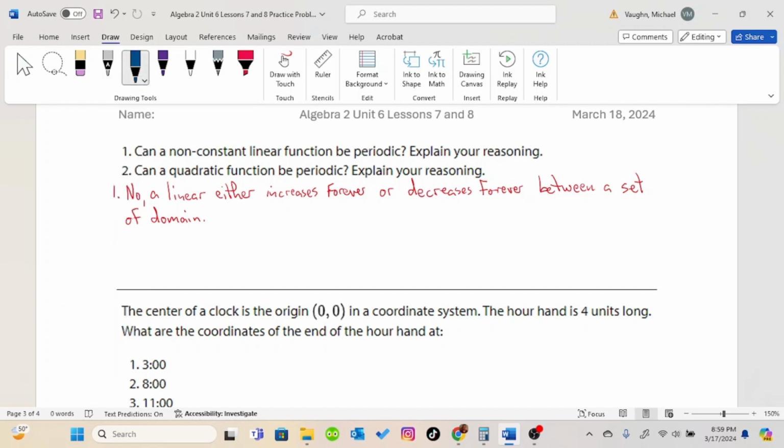Number 2, can a quadratic function be periodic? Explain your reasoning. Again, no, it cannot.